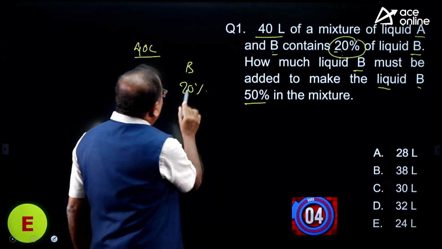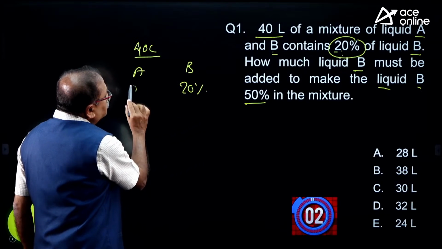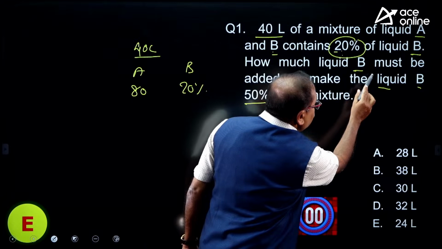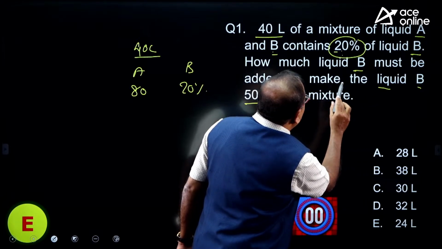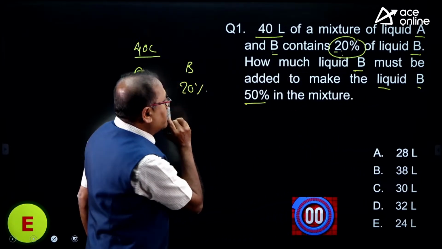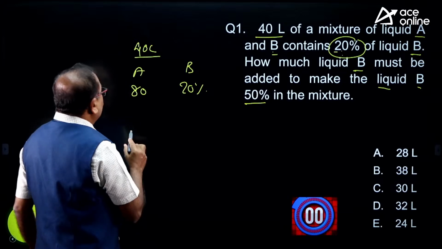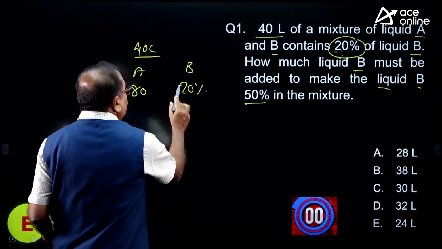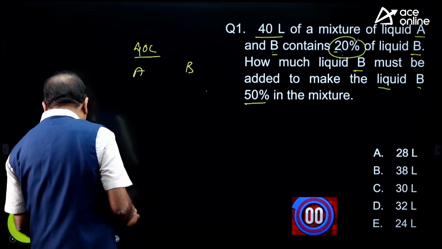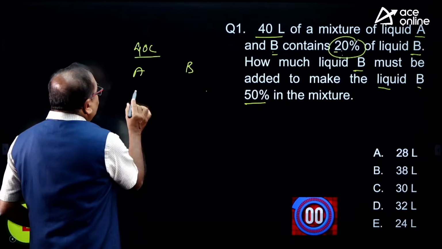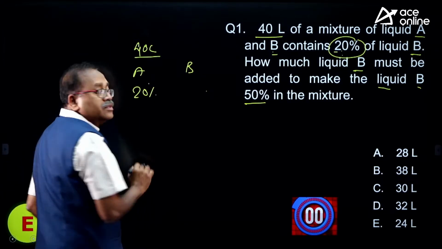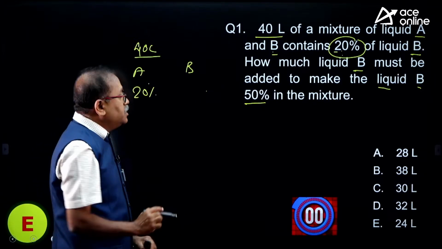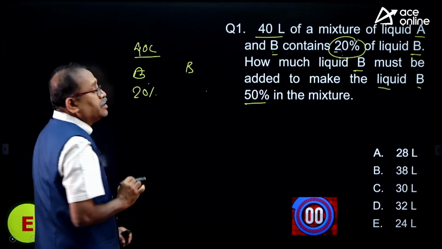Now if this is 20%, A is 80%. Now it says how much must be added. When you are adding B, 100% B is there, and this is also B.